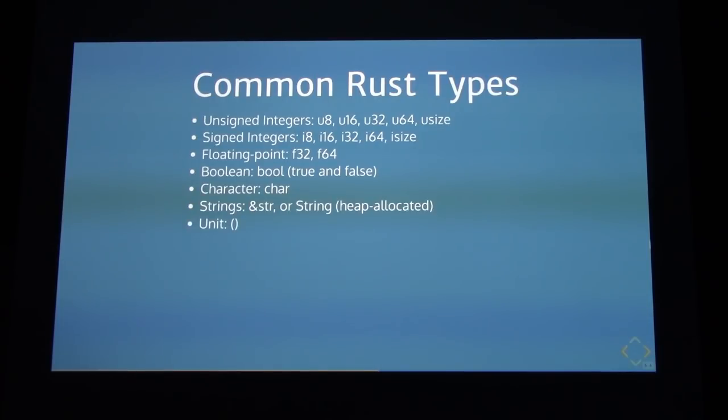Rust has a unit type, which is kind of like void in other languages, but not so much of a special case. And Rust also has special compound types, like Option, which we'll discuss later, and tuples and fixed-size arrays. These types can contain other types, like the ones I just mentioned. Again, don't worry if you're not familiar with all of this. I just wanted to show you that these things exist so that you know a little bit about them when they come up.